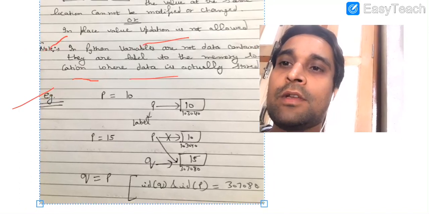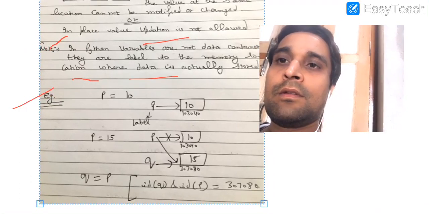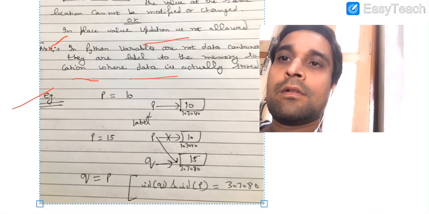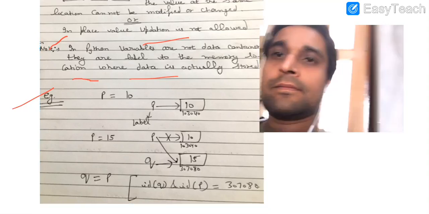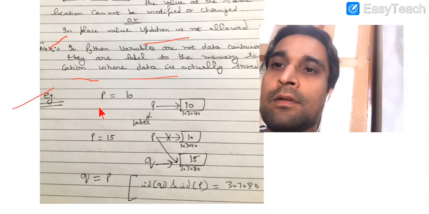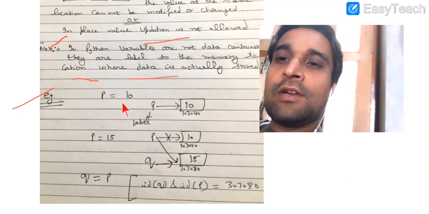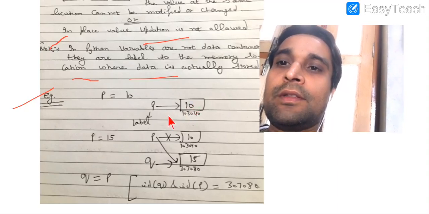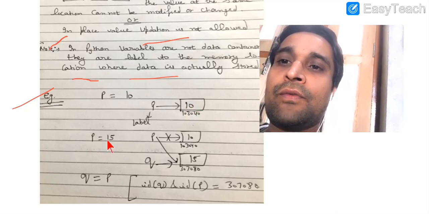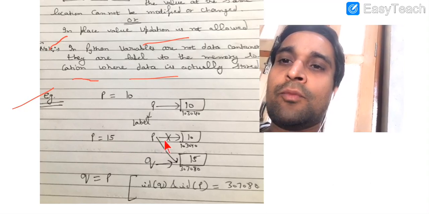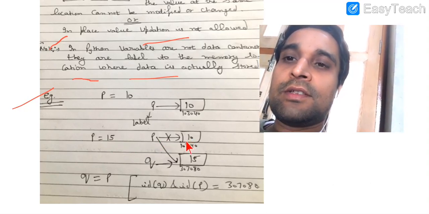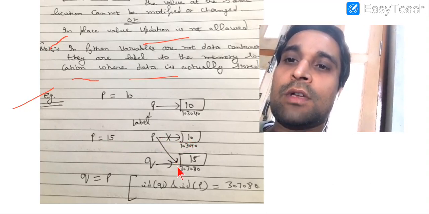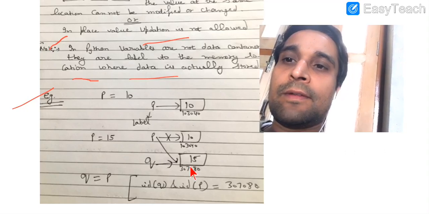Now here what you can see is we have written p is equal to 10. It means p is a label which is pointing to the location where value 10 is saved. Thereafter we write p is equal to 15. Now instead of pointing to the location where value 10 is saved, p is now pointing to the location where value 15 is saved.